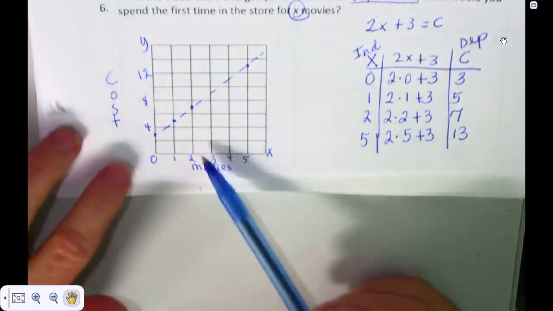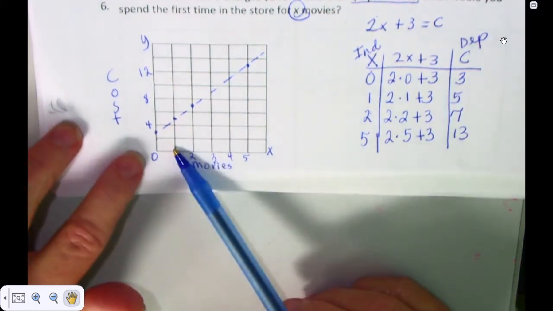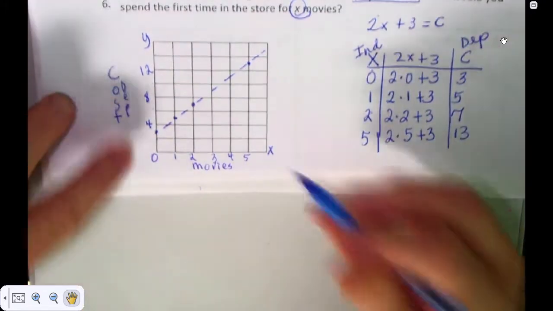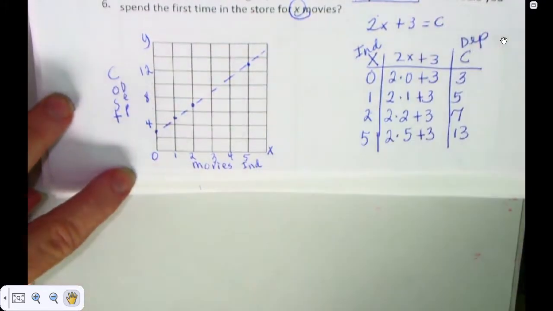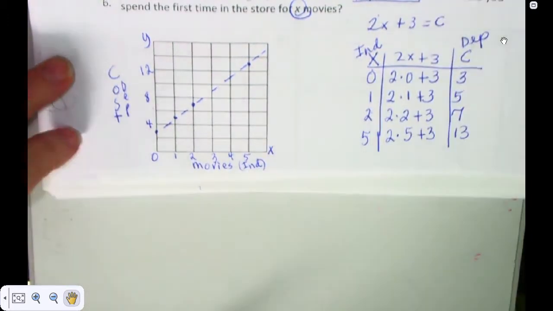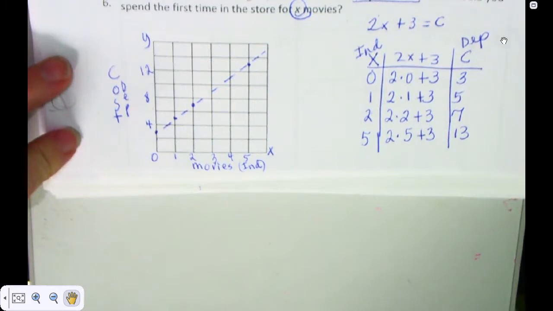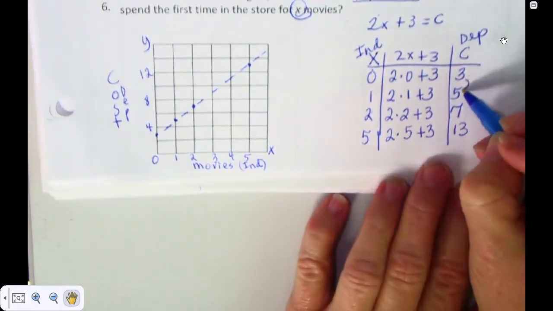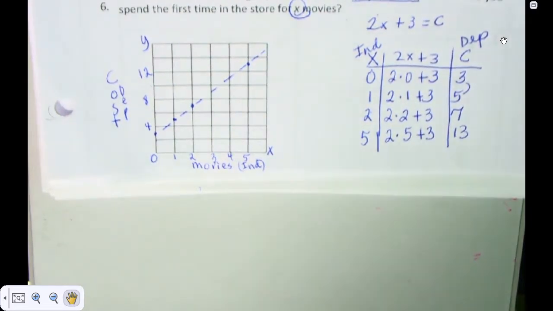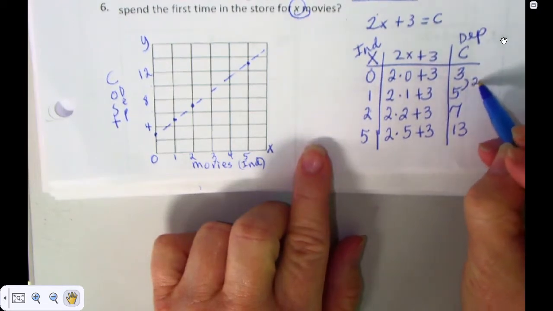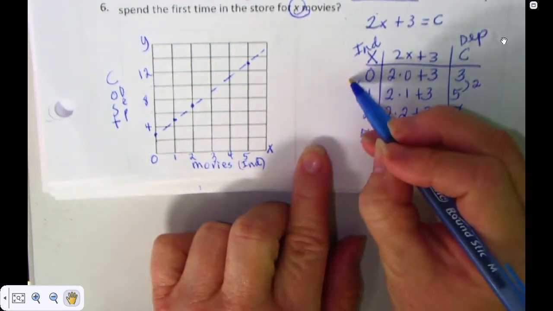Okay? Now, the cost, remember, was dependent on how many movies we chose. So cost is the dependent, movies the independent. Did anyone notice what happened right there between the 3 and the 5? What did it do? It went up 2. What did this go up? 1.